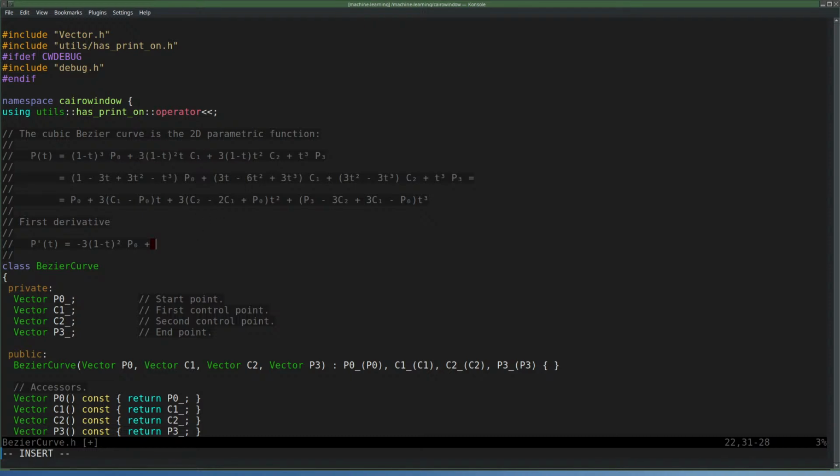So that's 3 minus 12 t plus 9 t squared times c1. Yeah, well, I stored them like this, so I have to work with this.